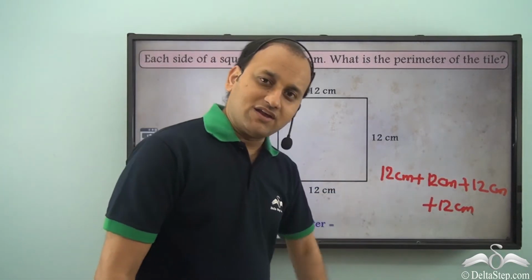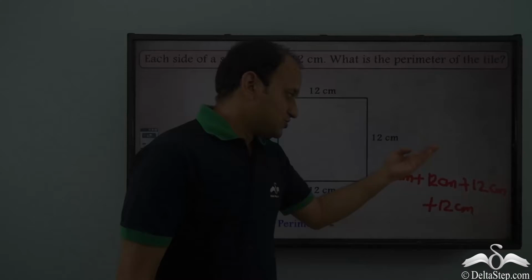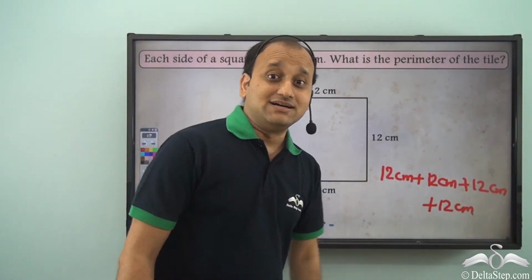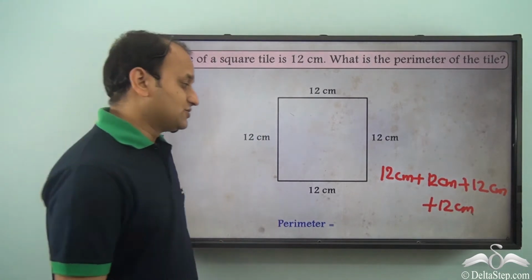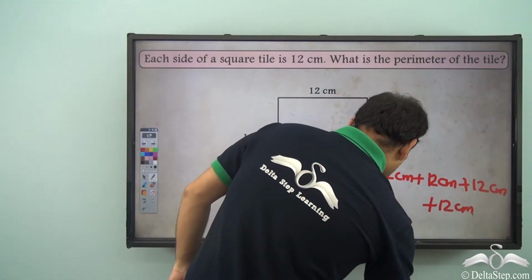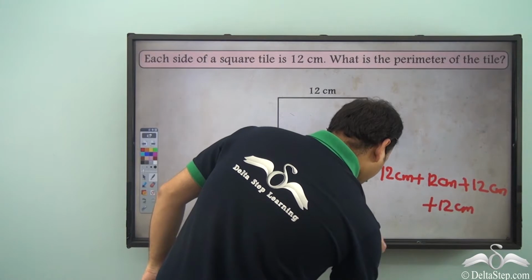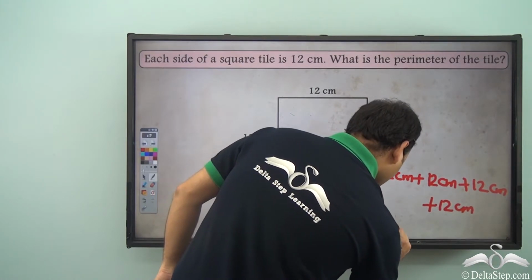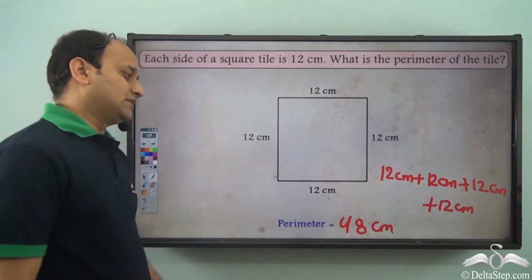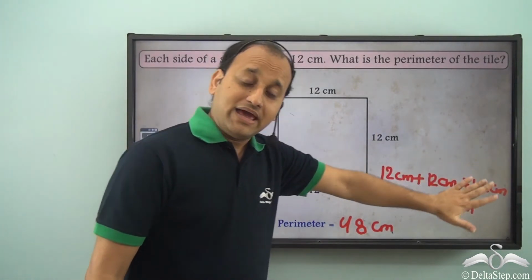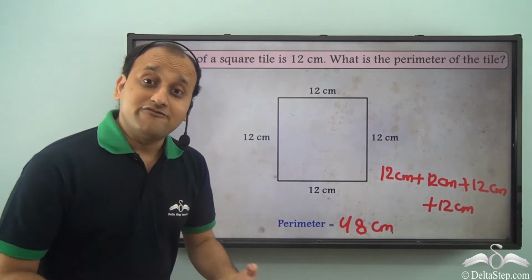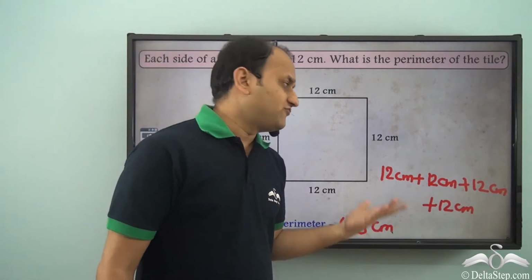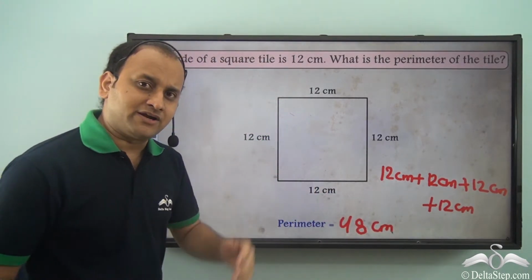So we can add the 4 sides and we get the perimeter. So 12 plus 12 is 24. 24 plus 12 is 36. And 36 plus 12 is 48. So in this case the perimeter is 48 centimeter. Now this is the simple way, or simpler than this is using the formula. Now what is the formula for calculating the perimeter of a square?